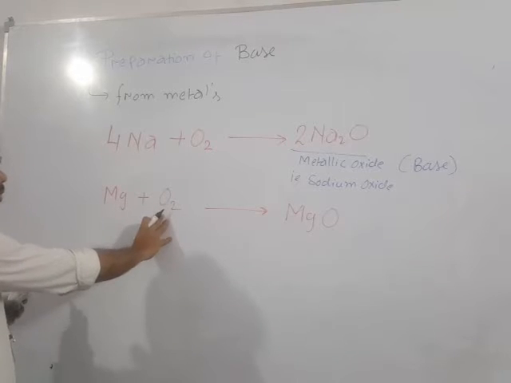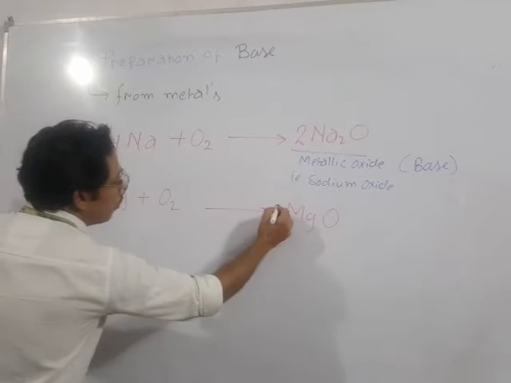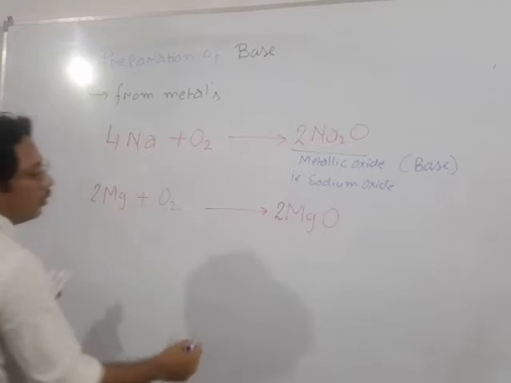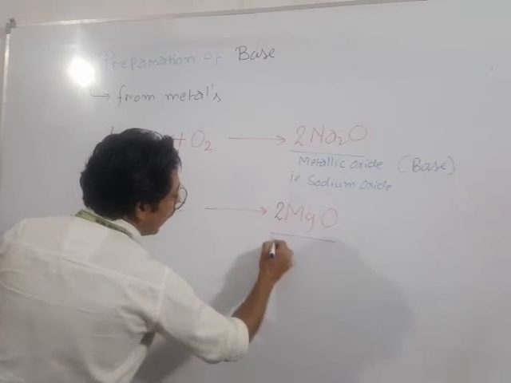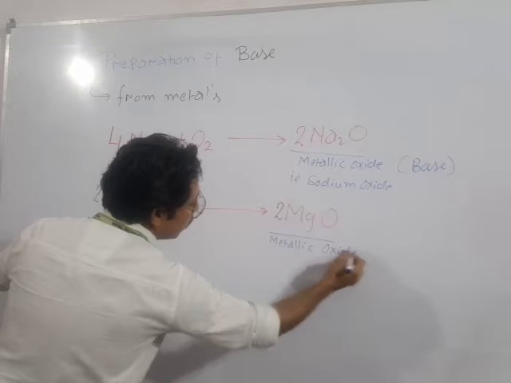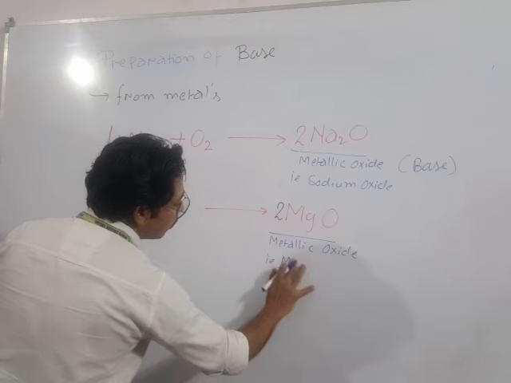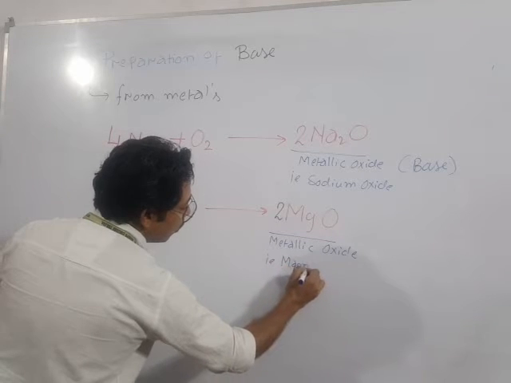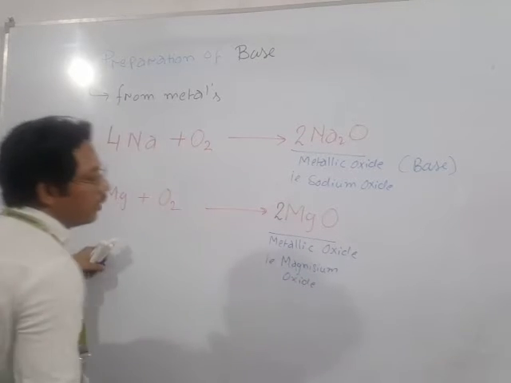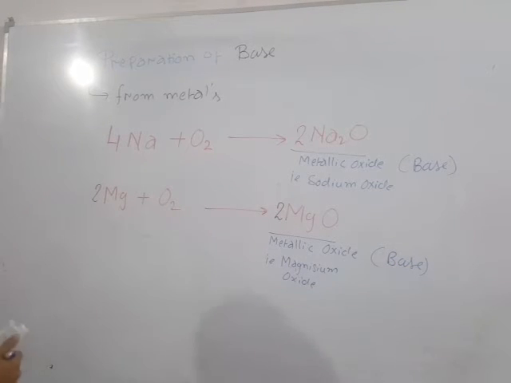Here, for the balancing we use coefficients. This is metallic oxide, that is magnesium oxide, and this is a base. Yes or no?